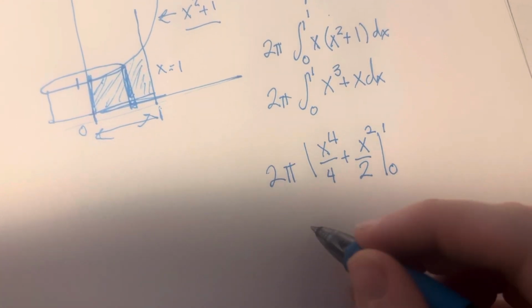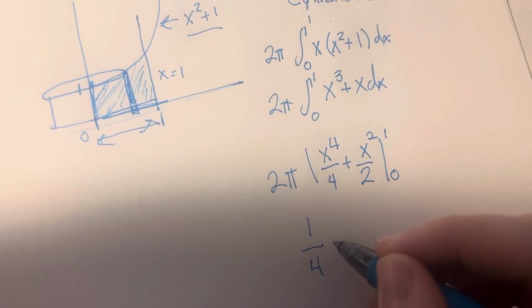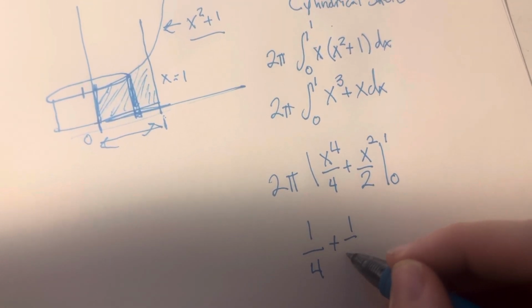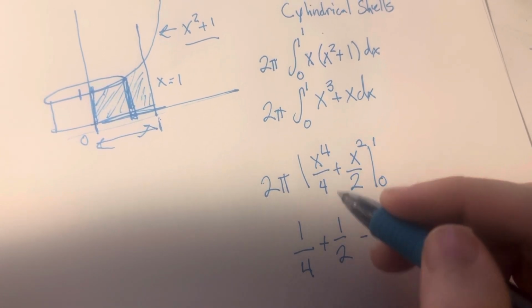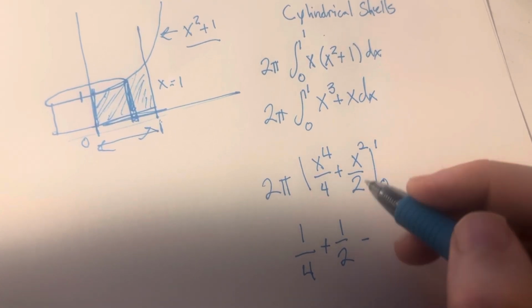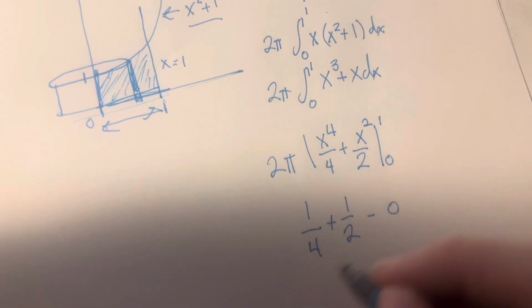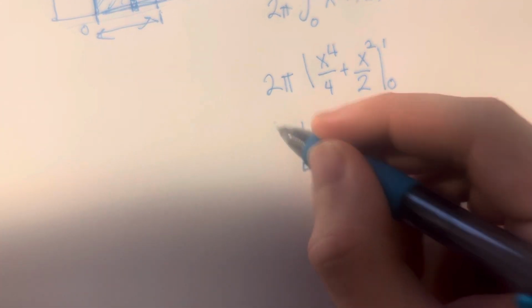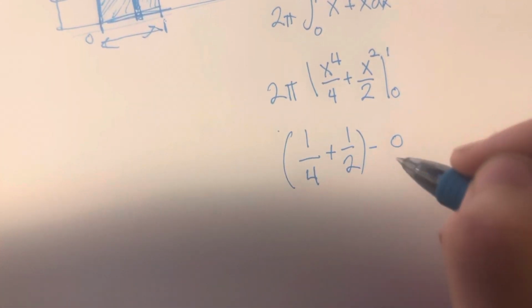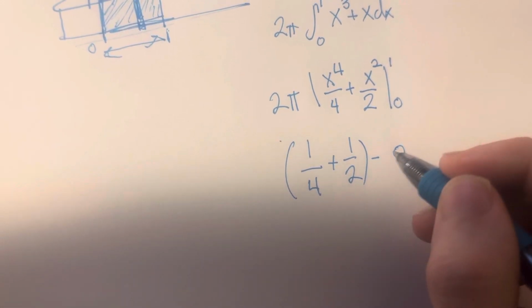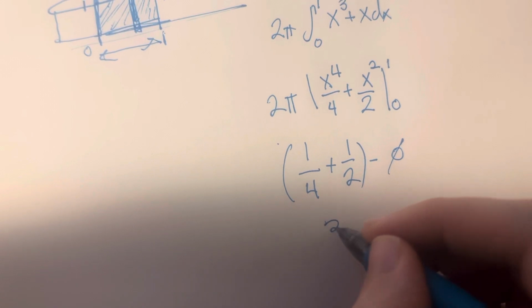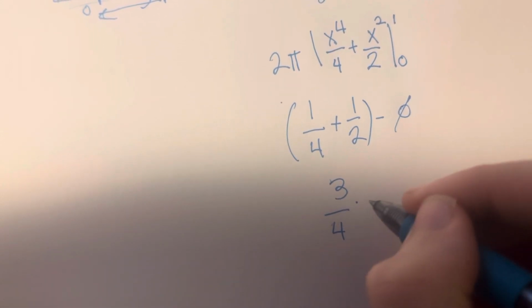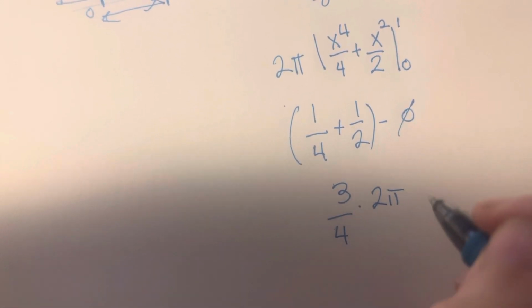So we'll plug in that 1, and that'll give us 1 over 4 plus 1 over 2 minus 0 divided by 4 is still 0, and 0 divided by 2 is still 0, so it will be 0. So solving, this 0 can be disregarded, and then we'll add these two, and that'll give us 3 over 4 that we will multiply by 2 pi.